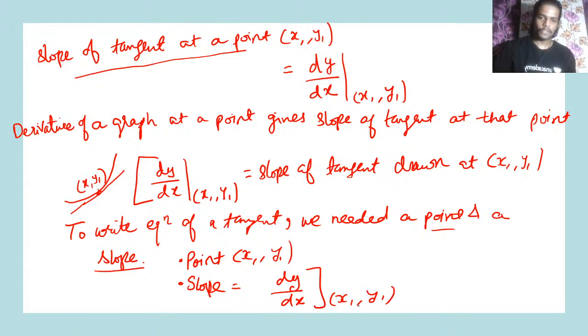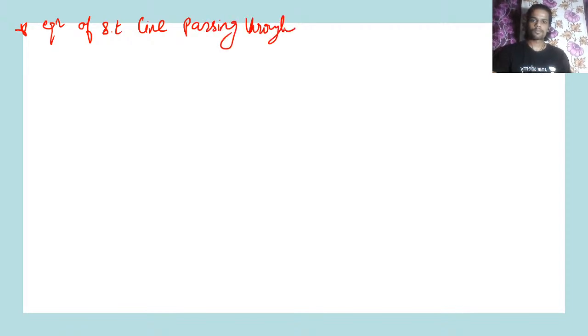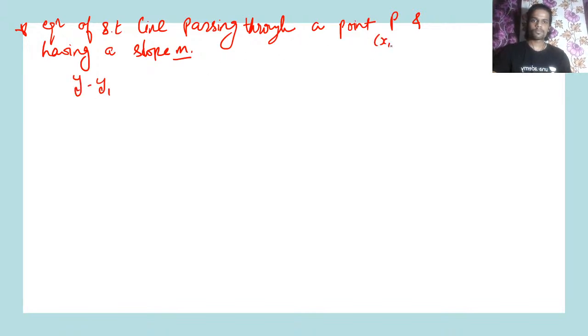So what is the equation of a line? Equation of line is generally, this is the straight equation of straight line. This is from class 11th.